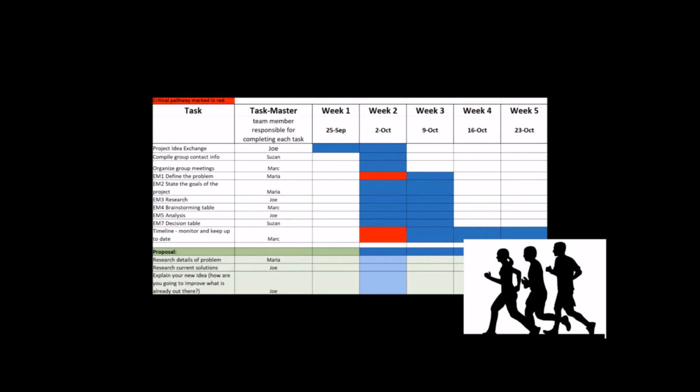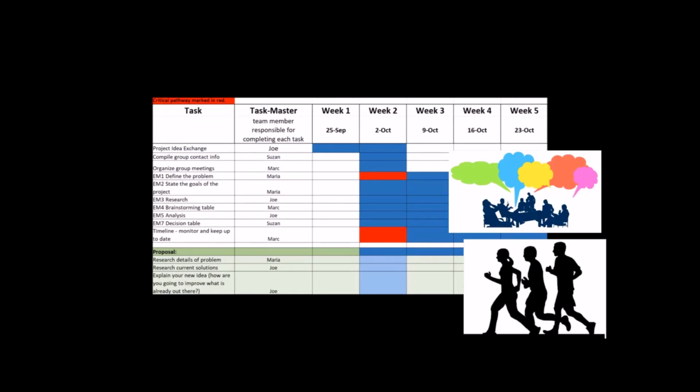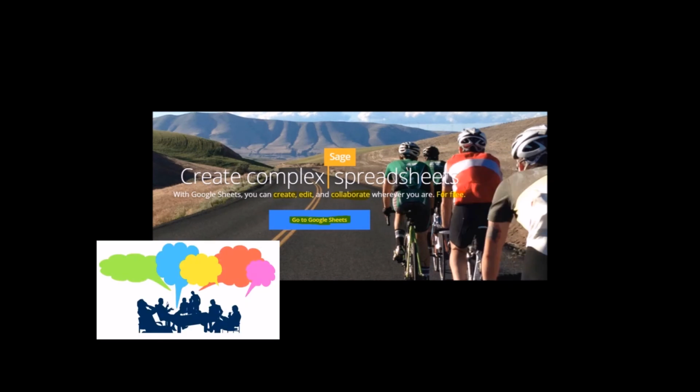Project development is a race, and communication is the key to winning that race. Store your timeline and decision table on the cloud where everybody can edit and have access to it. Have your team's project manager set permissions and create the original documents for everybody to access.